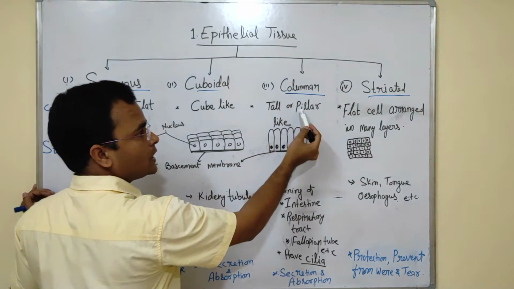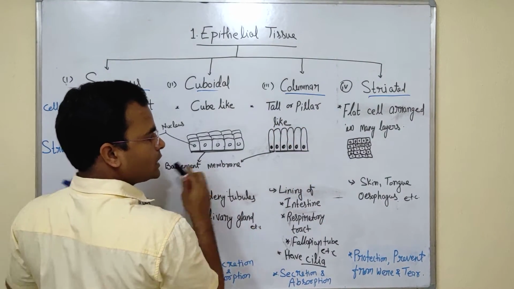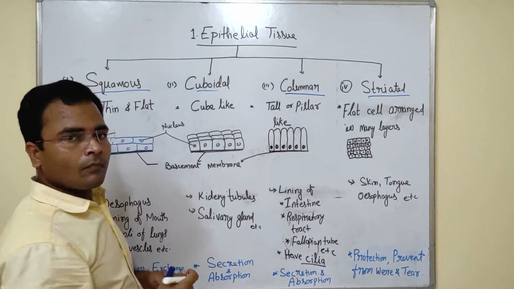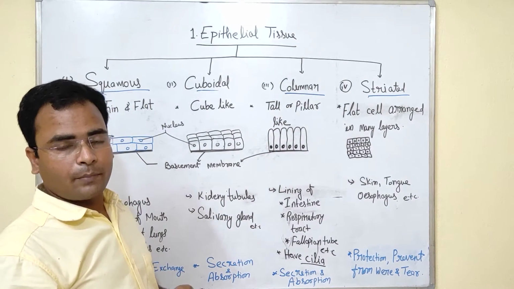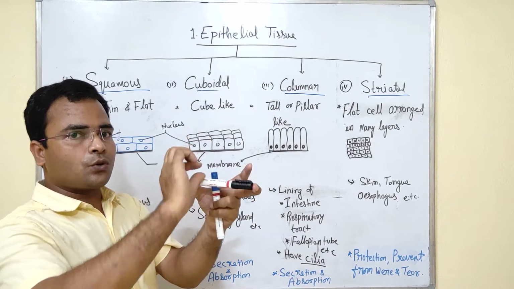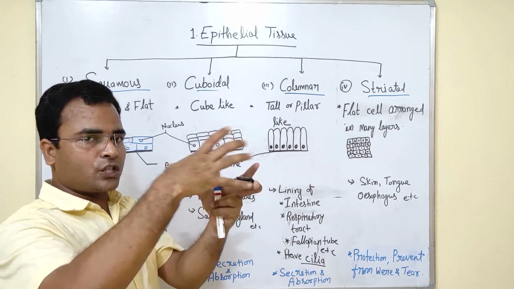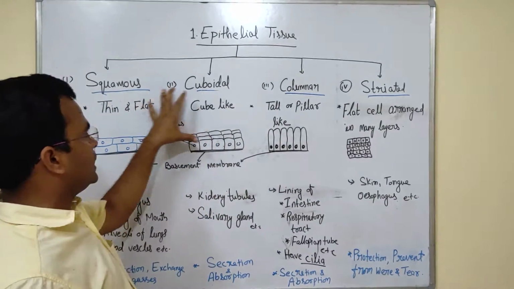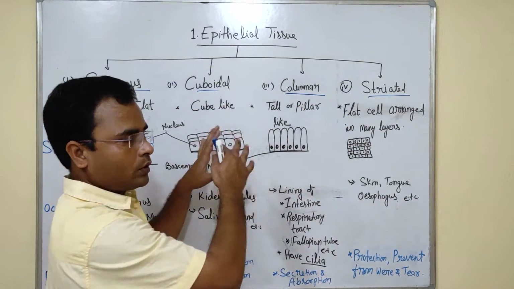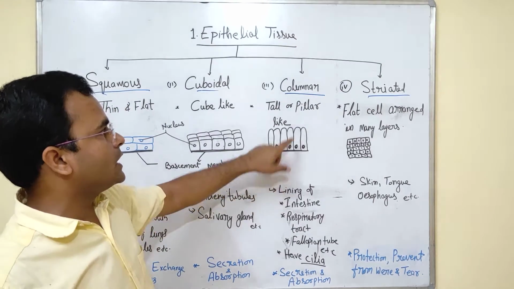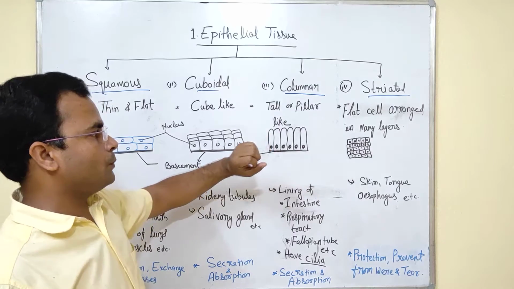But in columnar epithelial tissue, the nucleus will be present near the basement membrane of the cells, right? What is the basement membrane? The membrane where the tissues originate or are situated. So this is one of the major differences among all four: the nucleus will be present near the basement membrane in the columnar epithelial tissue.